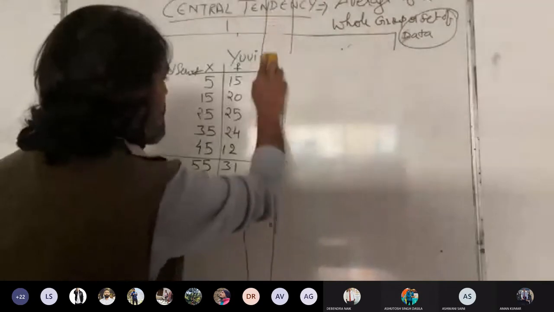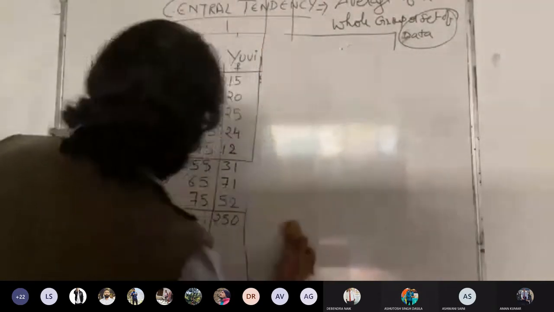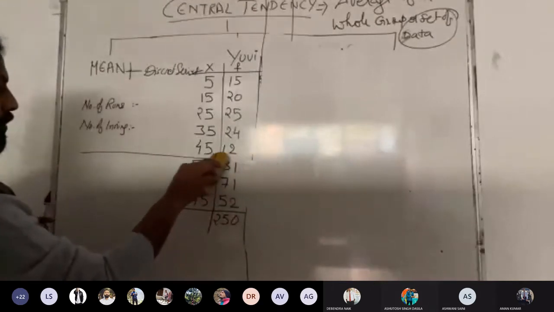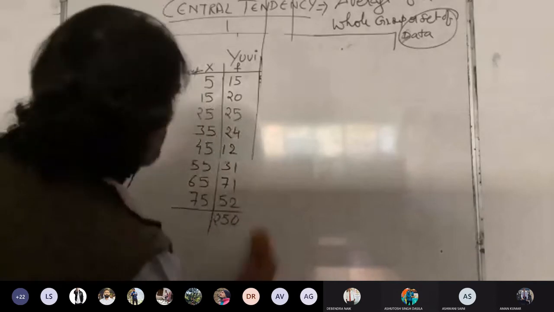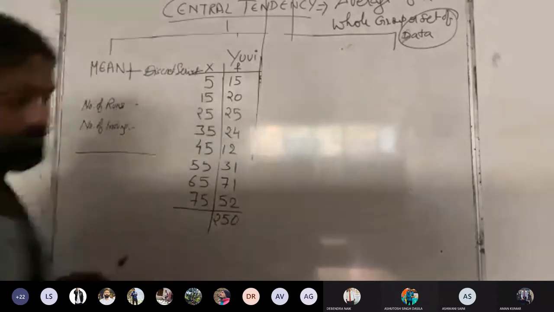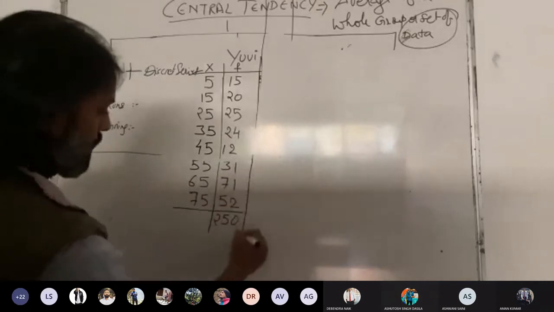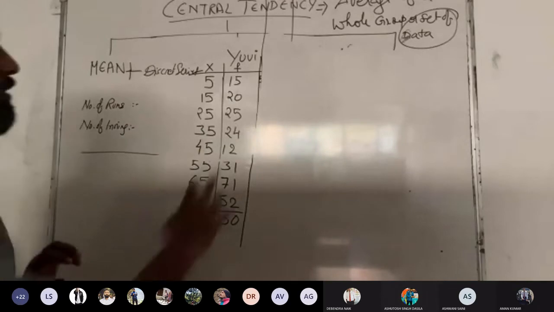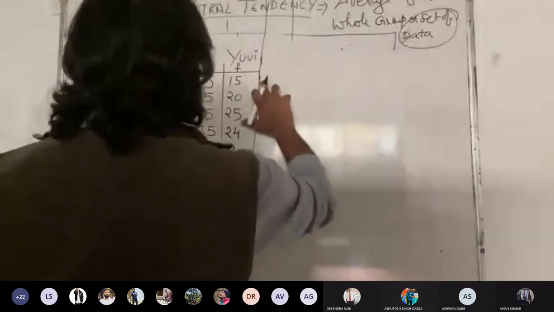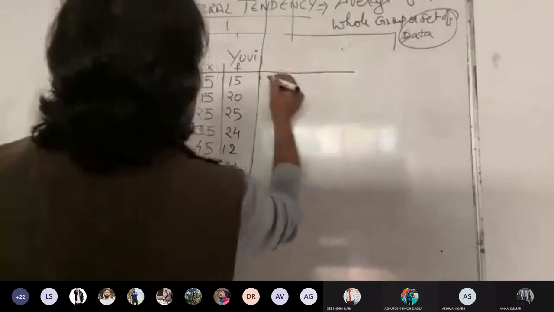It is a little tricky in the beginning, but I will try to make it easier without any problem. Let's see how we can do it. This is called the shortcut formula.